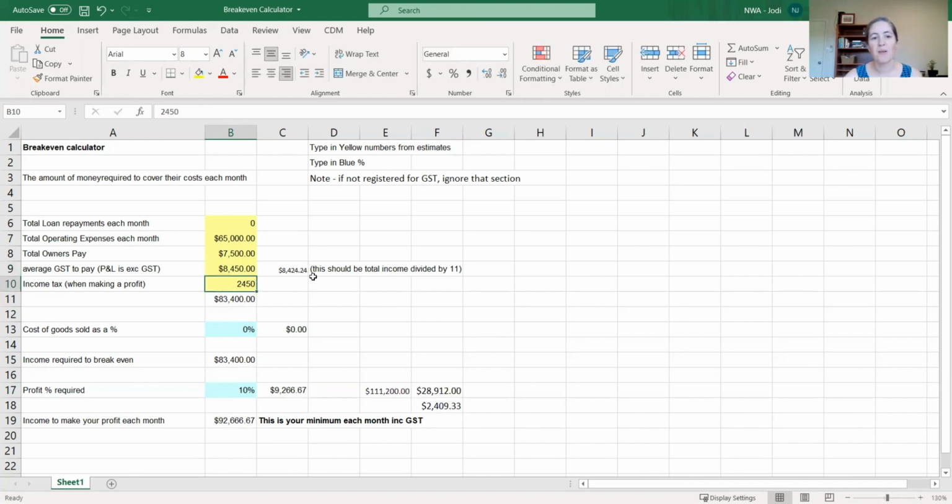So by playing around with the numbers, we know that if we've got operating expenses of $65,000 for the month, then in order to cover those operating expenses, to cover the owner's pay, to cover the GST, and to cover the income tax, so to cover all of those things, we actually need to bring in $93,000 worth of income every single month.